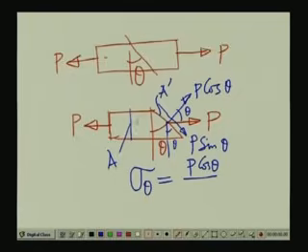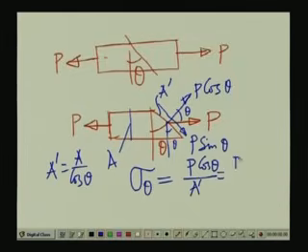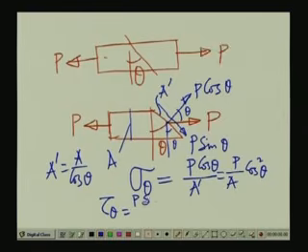Area A dashed, from geometrical property here, we can say A dashed is equal to A by cos theta. So, P cos theta by A by cos theta. This leads to sigma theta equals P by A cos square theta, and the stress which is acting in the plane, which is P sin theta, the stress tau theta is equal to P sin theta divided by A by cos theta.